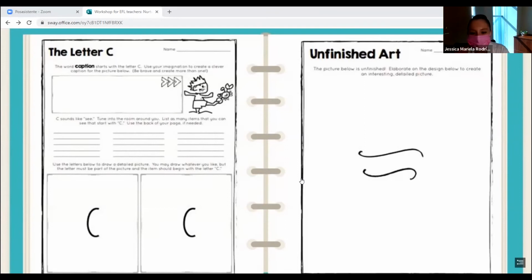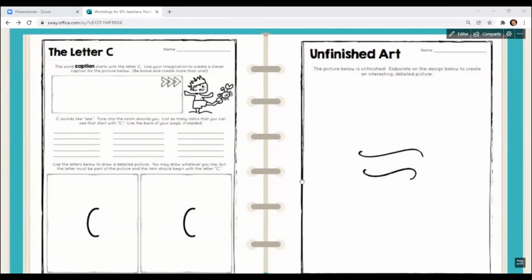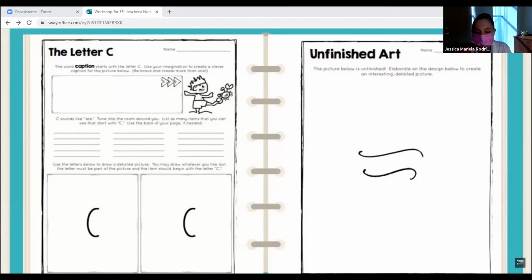Okay, the second worksheet. Yeah. Oh, these were the lines, right? The hands. Oh, I didn't use the lines, I think, or what? Well, I think you did. Maybe you didn't do it consciously, but you did, because look, we have this.